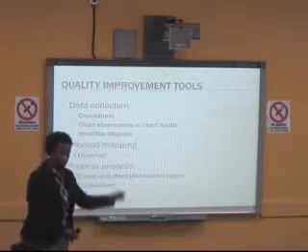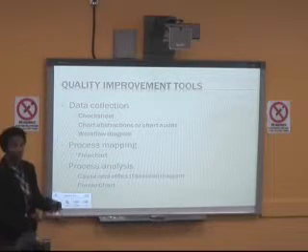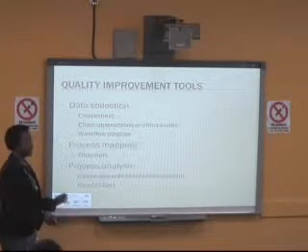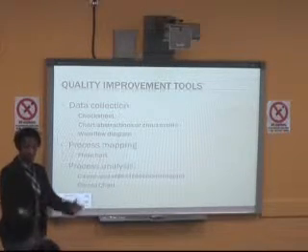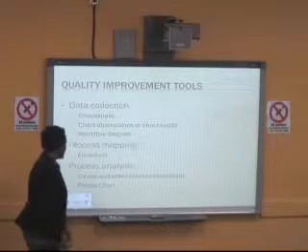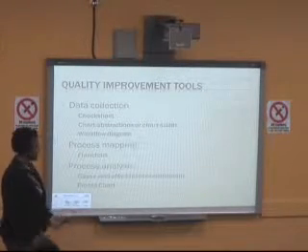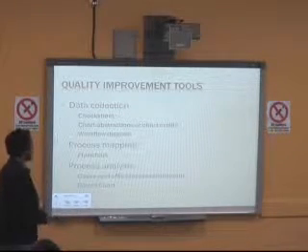Basically, if we take our surgery department example, it shows you what the cause of the surgery complications were and what effect that has on the patients, on the department, on the organization. And then another example is a Pareto chart, which is another type of sophisticated tool that's used in quality improvement.